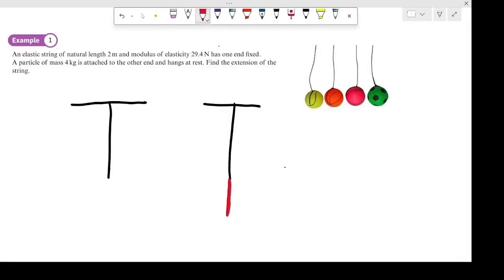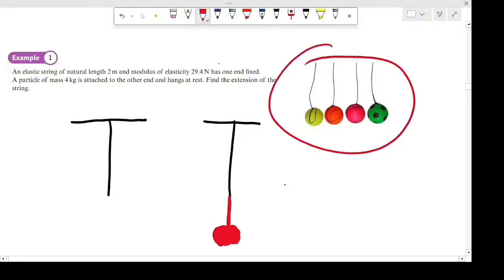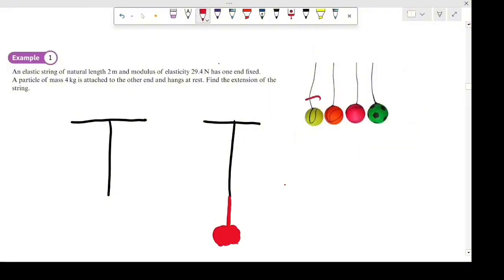It's going to stretch down because there's going to be some little ball hanging at the end of the string. This is why I included the diagram, if you're struggling to visualize it. We've got some string and then a ball hanging at the end, stretching the string down. So hopefully you can visualize this.